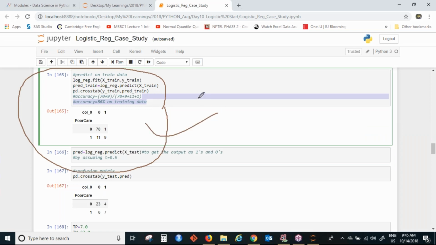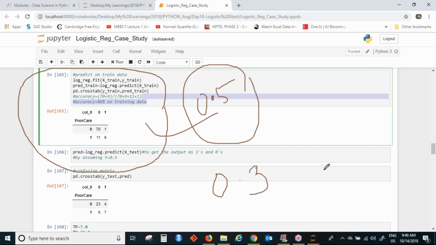But sometimes we will see that using a default threshold of 0.5 is not the best approach. That is where we will use the function predict proba, and we will apply some other threshold, maybe 0.3 or maybe 0.7. We will change the value of the threshold from the default value of 0.5 to something else. That is where we will need the probability. Okay, are you following, guys?